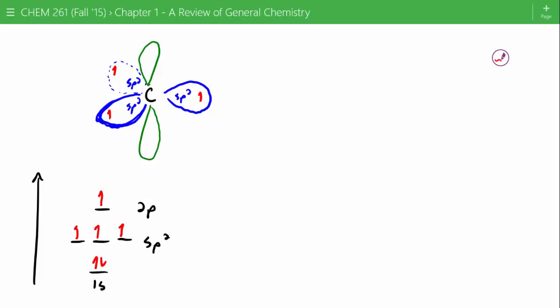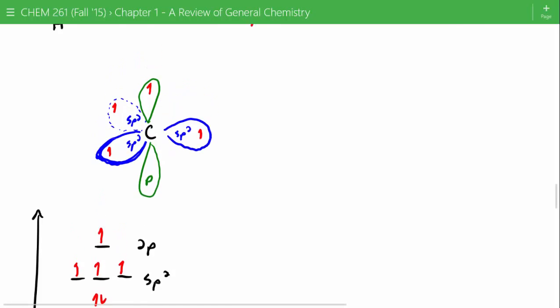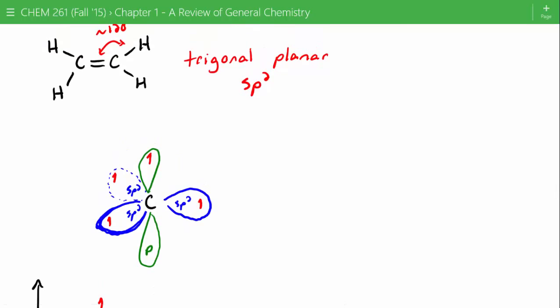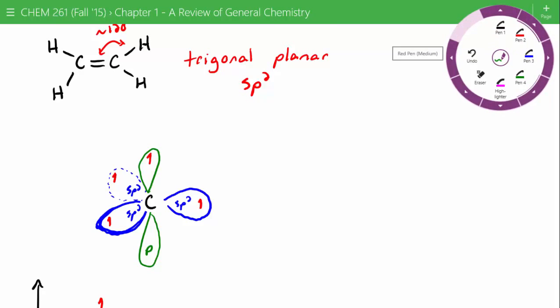So we need to make sure that we include that up here. All right, so if we go back up and we look at our Lewis dot structure, we've got ethylene. It's got 2 hydrogens bonded to it, so let's choose the outside 2 lobes. So what I'll do is do this one in black.